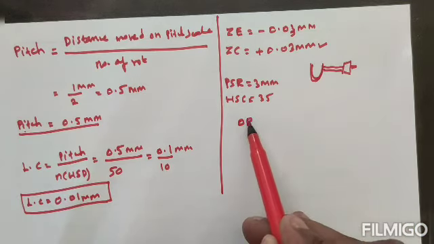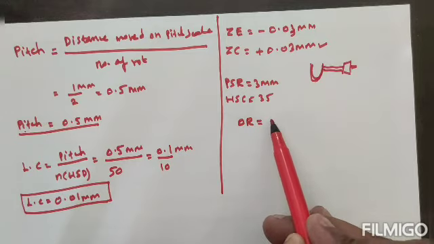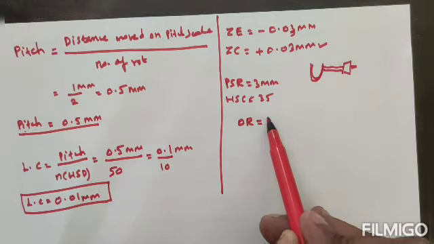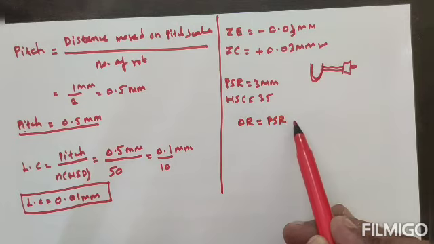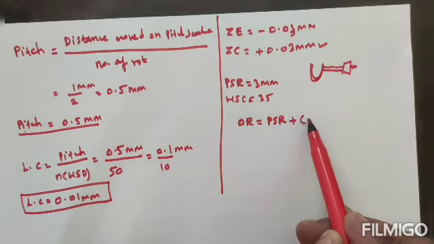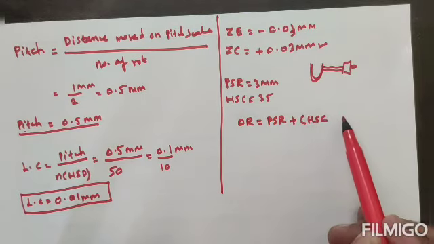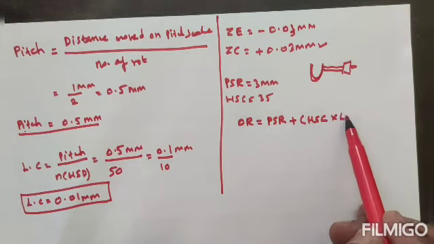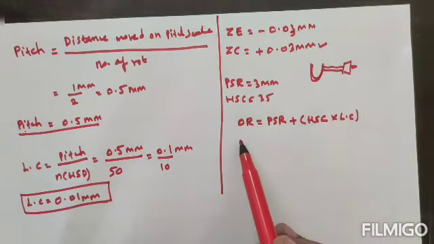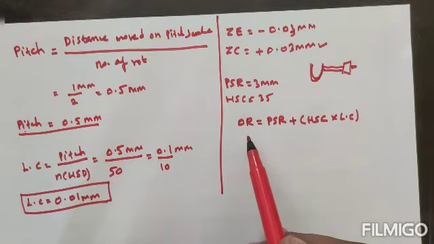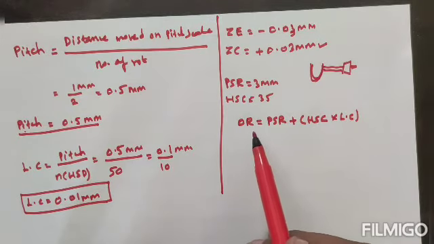The observed reading formula: observed reading equals PSR, that is pitch scale reading, plus HSC, that is head scale coincident, into least count. The observed reading is actually the diameter but without zero correction.